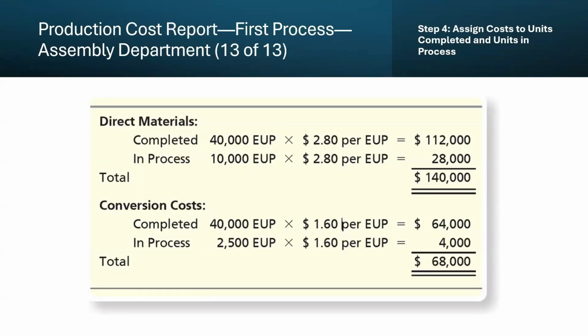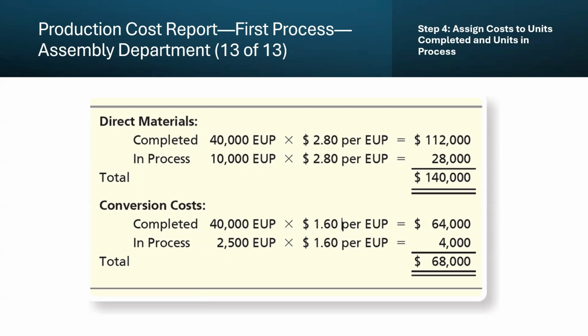So we have accomplished our goal of splitting the $208,000 total cost between the completed units and the in-process units. And we can now record these costs on the production cost report. So on the production cost report, you have the direct materials completed 40,000 EUP times $2.80 per EUP equal $112,000.